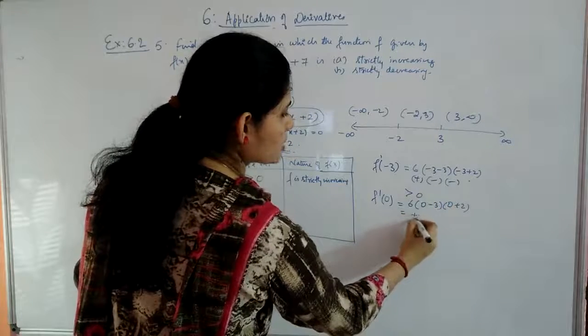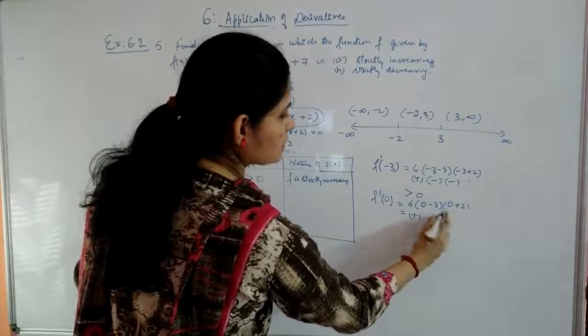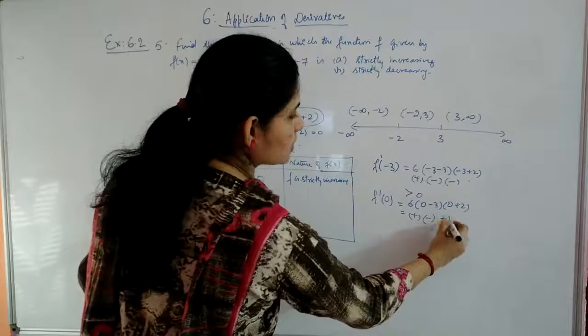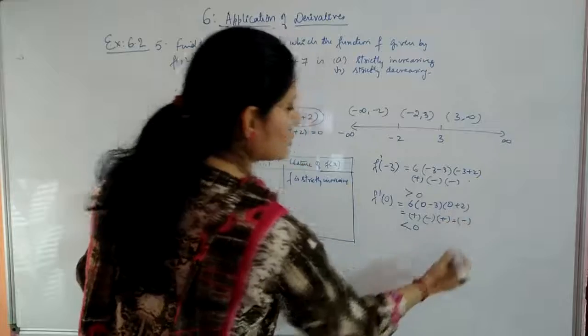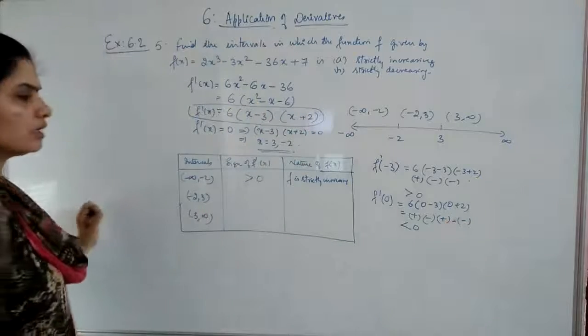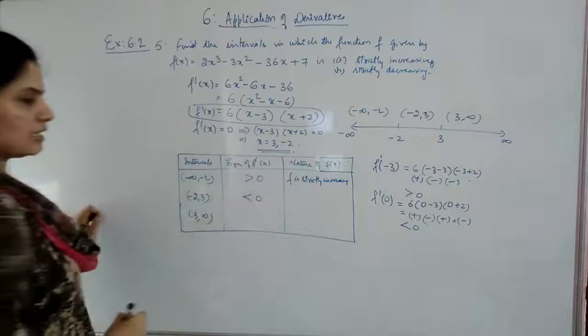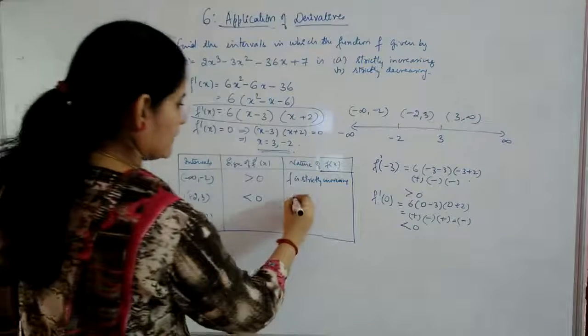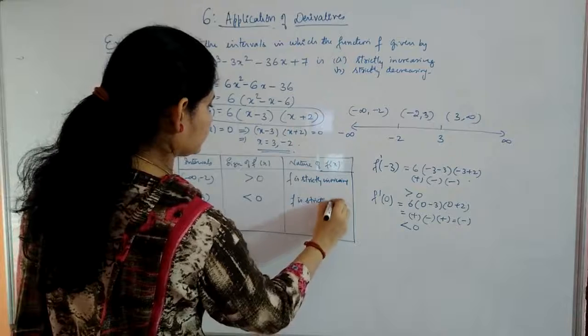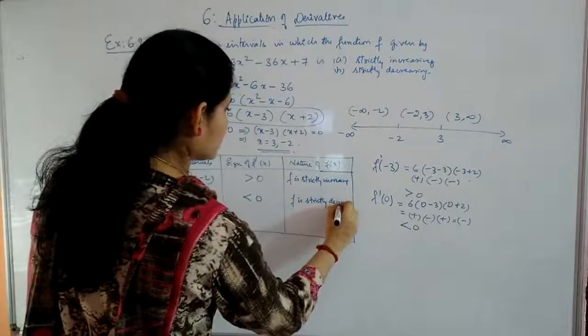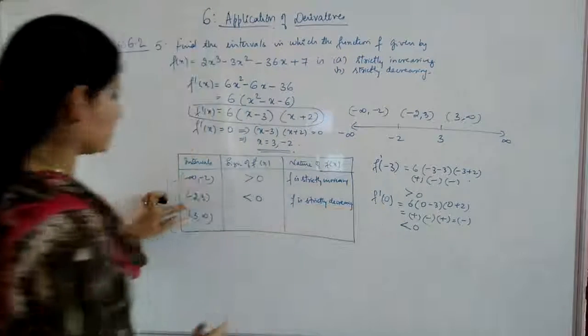So this is positive, this is negative and this is positive. Altogether you are getting a negative sign, right? That means f dash is less than 0. The sign is less than 0, or negative. So you can say that the function is strictly decreasing in this interval (-2, 3).